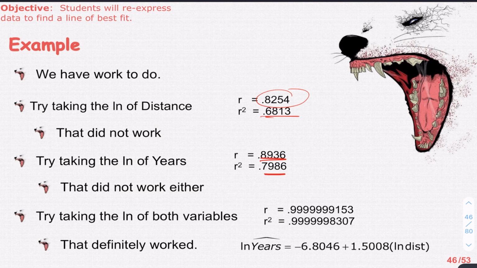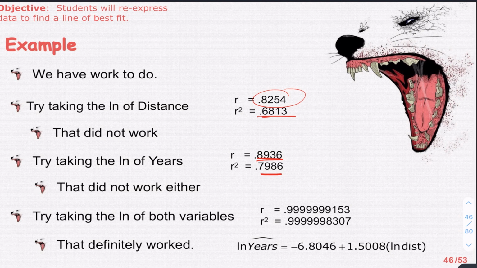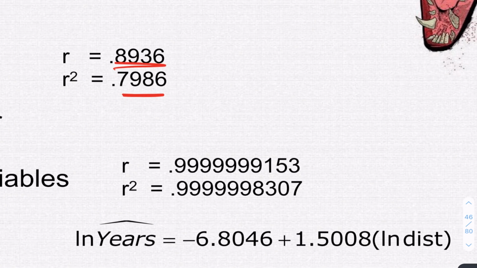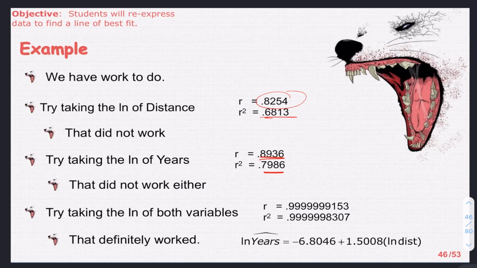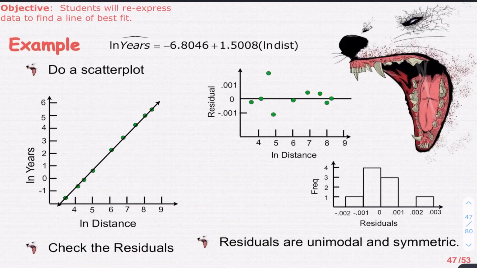If we take the log of both, or the ln of both sides, then we get an r of 0.99999, r squared of 0.99999. That definitely worked. So sometimes you're going to have to apply multiple operations to your model, and it's an inexact science.